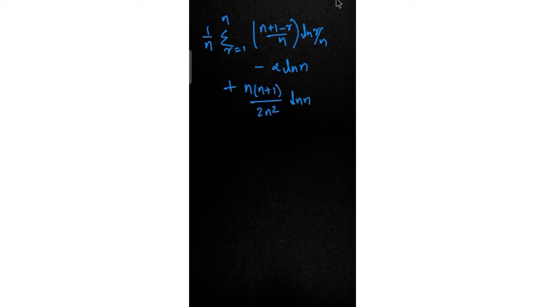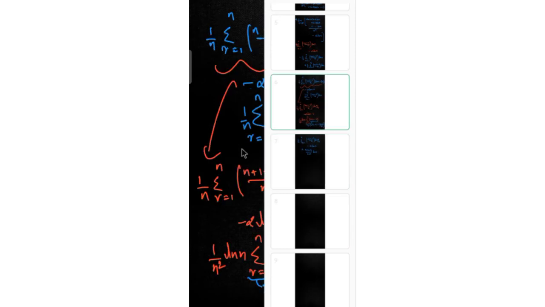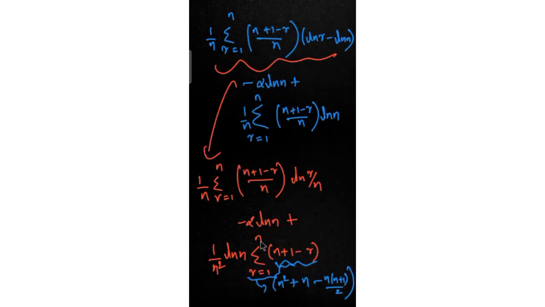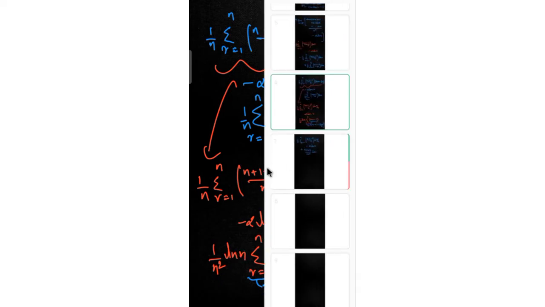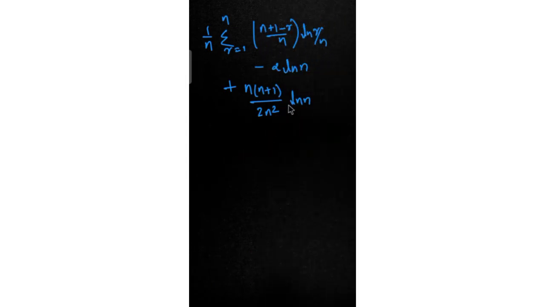Fine, so this would be the third term, because Σ n, you can take n outside, and you get n into n, n², and Σ 1 is n, and Σ r is n(n+1)/2. So just solving this and substituting here, we're gonna get this finally in this way, plus n(n+1)/(2n²) ln n. So this is what we're gonna get.